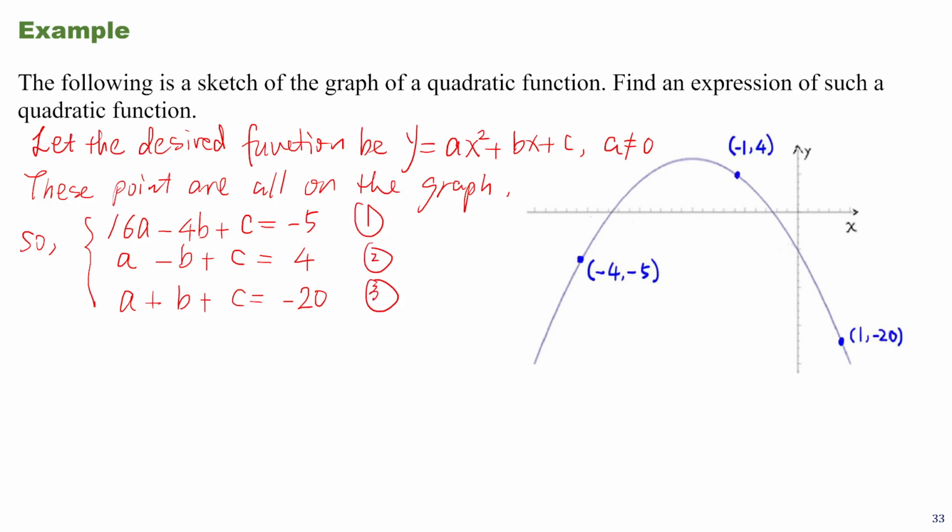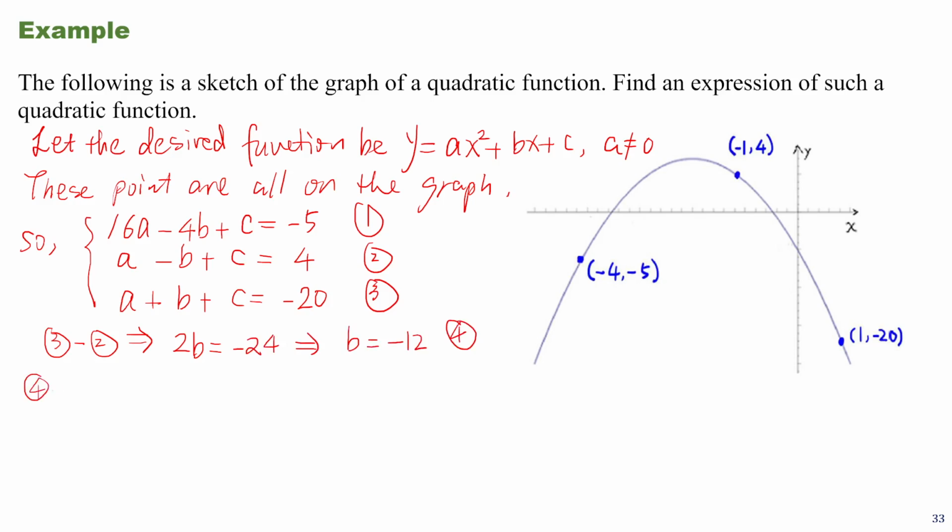So first of all, apparently we can use equation number 3 subtracted by equation number 2. This will directly give us 2b equals -24. So we can solve b first, which is -12, right? So let's mark this as number 4.